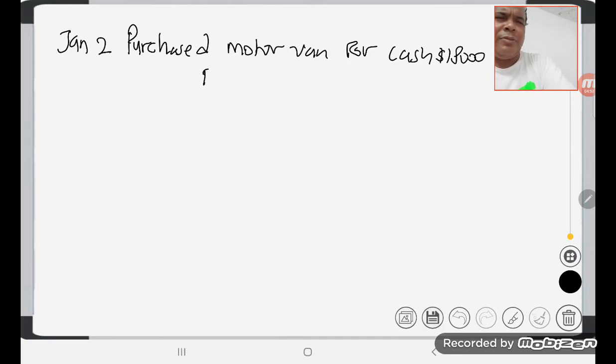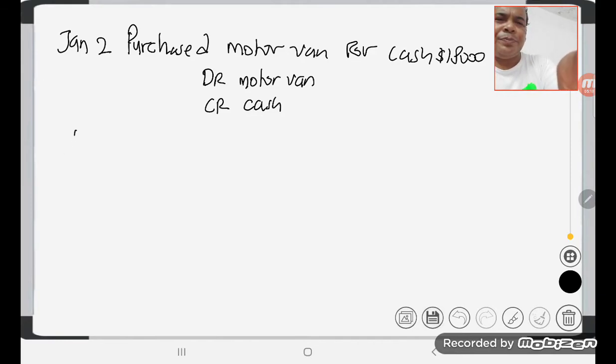So we just have to state the double entry, the account to be debited and the account to be credited. Purchase motor van for cash. What are we obtaining? We are obtaining motor van, therefore debit motor van account, and then what is going out? Cash, we credit cash account.